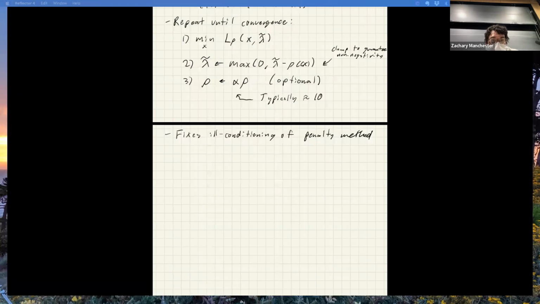All right, here we go. This converges pretty fast. In particular, it converges superlinearly, which is not quite as good as primal-dual interior point methods, but still pretty good. And it works well for non-convex problems, where primal-dual methods are tricky to use.